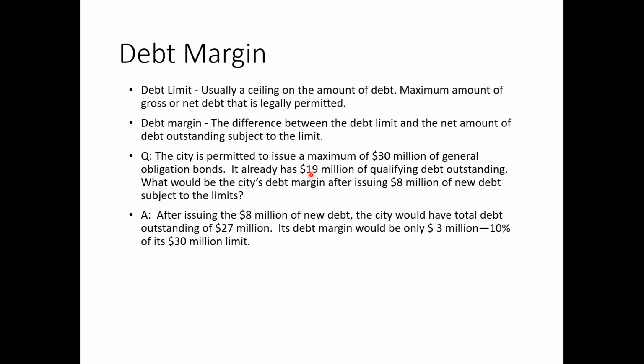The city already has 19 plus 8, so the outstanding will be 27, right? 30 less 27, so the debt margin will be 3 million, which is 10% of 30 million. If we incur an additional 3 million of debt, we're going to reach the ceiling.